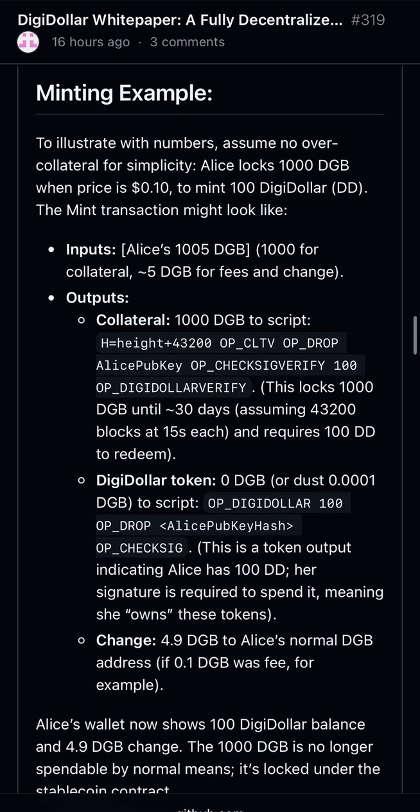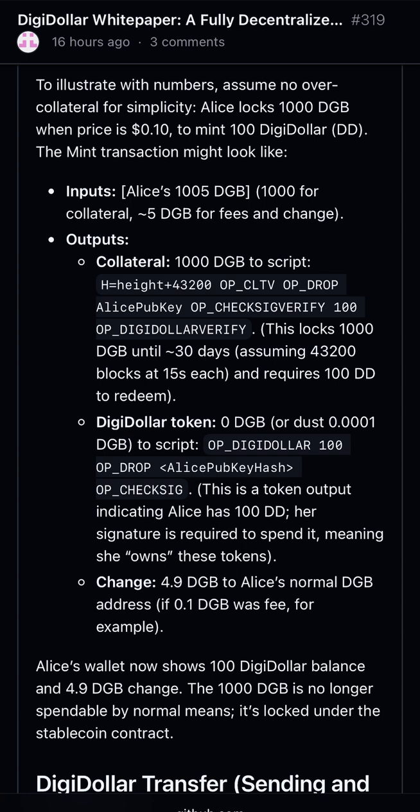Minting example. To illustrate with numbers, assume no overcollateral for simplicity. Alice locks 1000 DGB, when the price is 10 cents, to mint 100 DigiDollar (DD). The mint transaction might look like this. Inputs: Alice's 1005 DGB, 1000 for collateral, 5 DGB for fees and change.